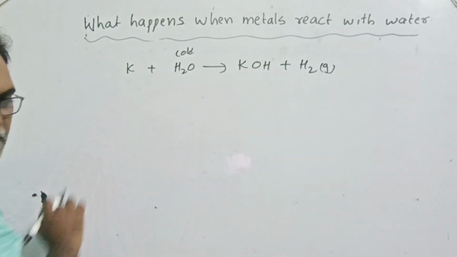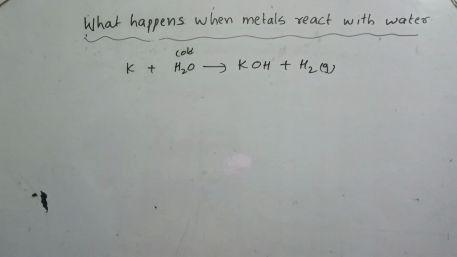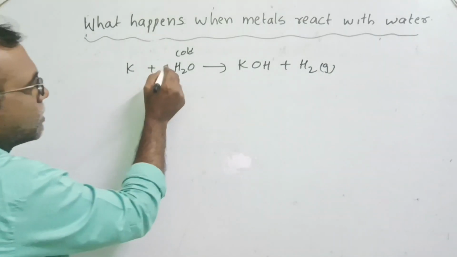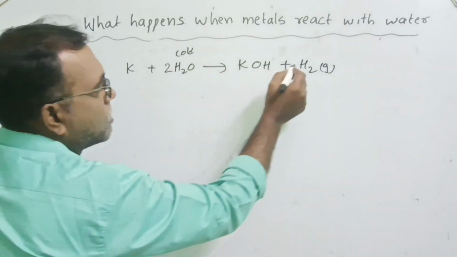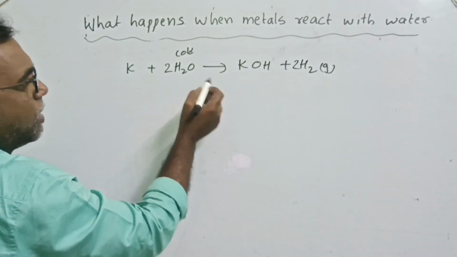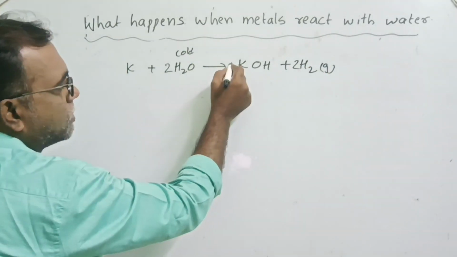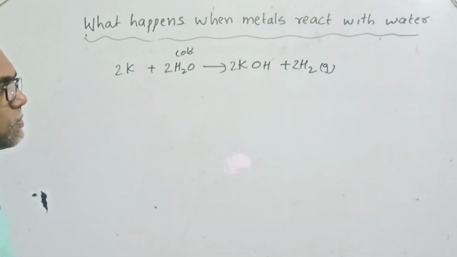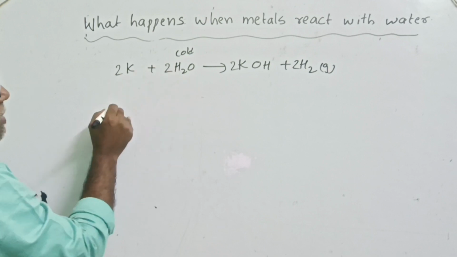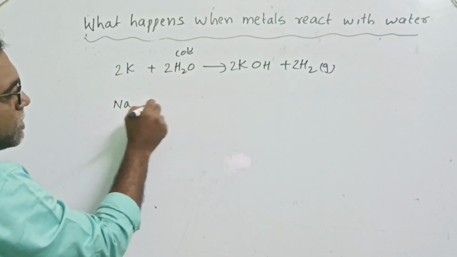So to balance, first of all you have to balance the number of hydrogen atoms. Here I'll keep 2, then it will become 4 hydrogen atoms. Make it 4 hydrogen atoms, and here 2 oxygen atoms are there, so here I'll keep 2 oxygen atoms. Now potassiums are 2 potassium. Now the reaction is balanced.